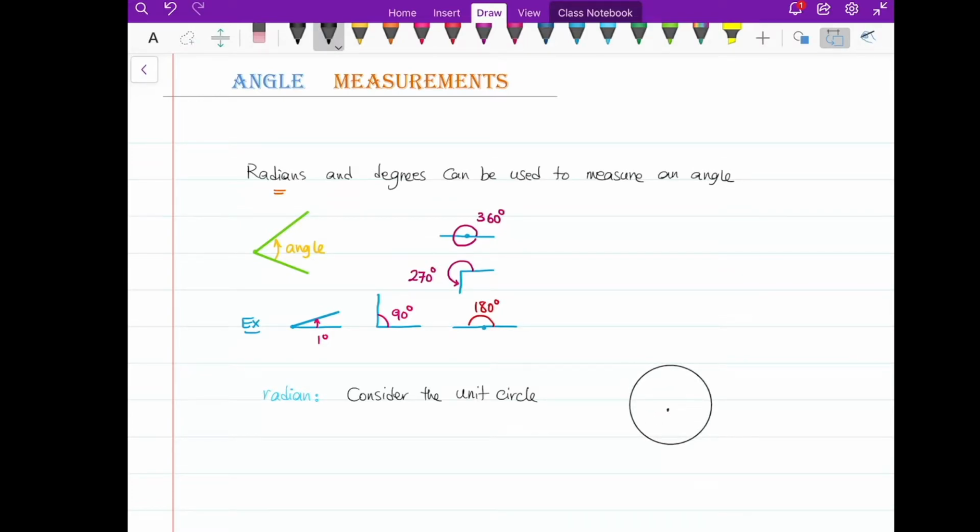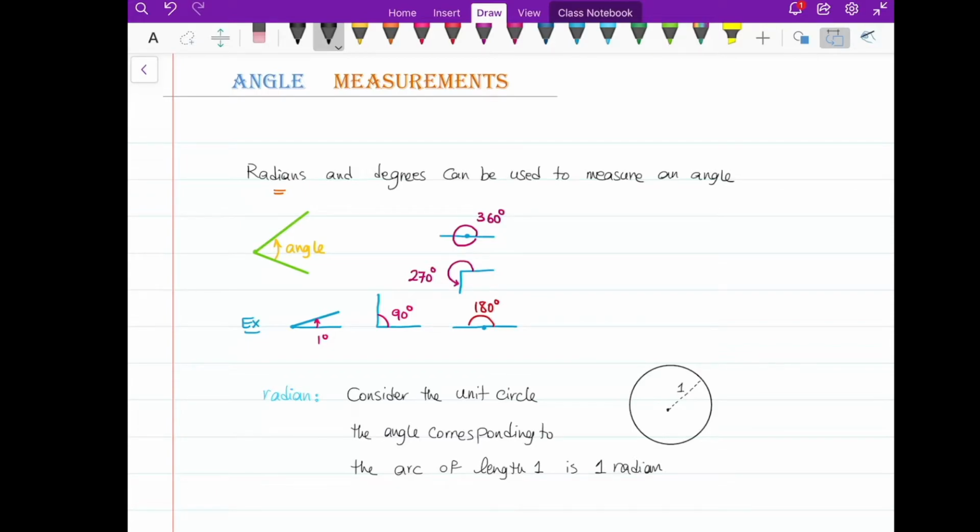And then the angle that corresponds to the arc of length 1 is 1 radian.